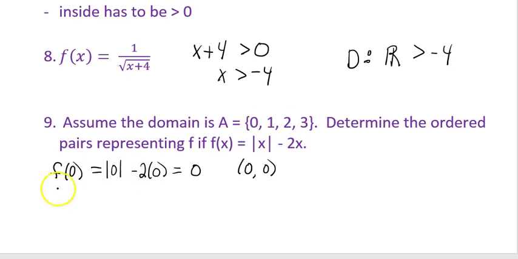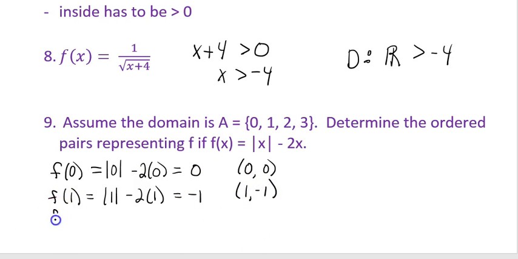Then I move to the 1. f of 1. I do the absolute value of 1 minus 2 times 1. So this will be 1 minus 2, and that's a negative 1. So my ordered pair, I plugged in 1, I got out negative 1. Just think about in and out.